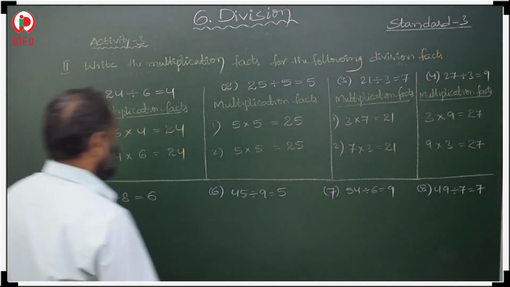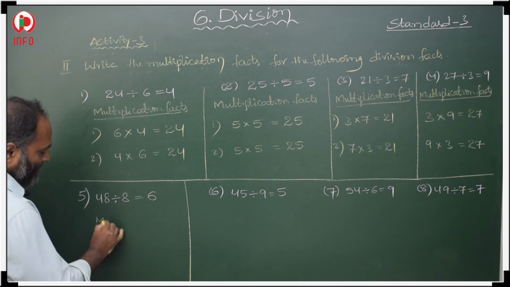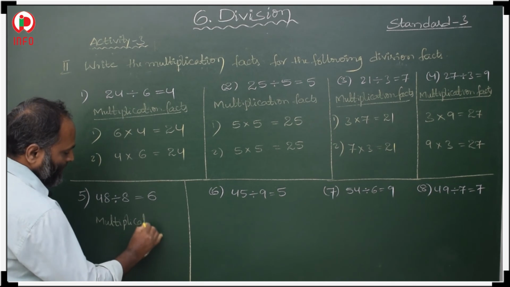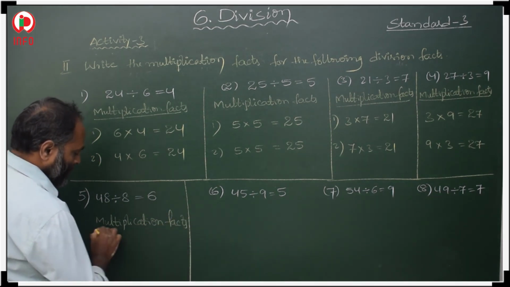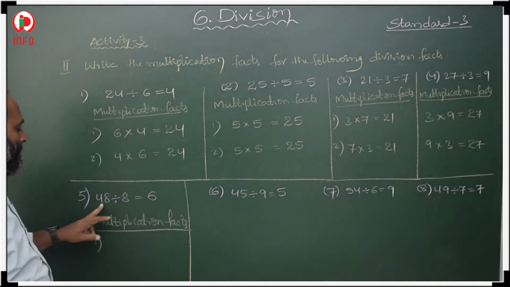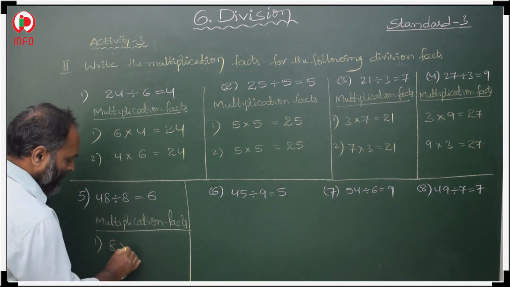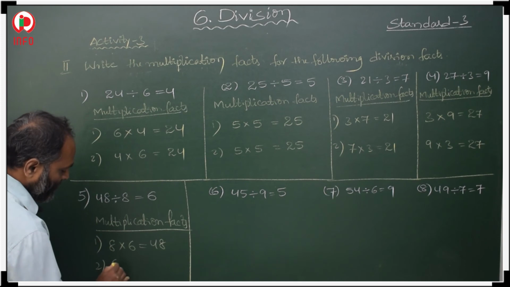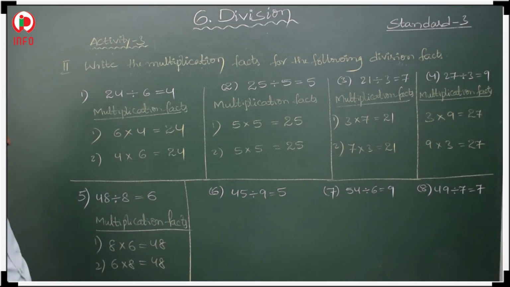Now here also multiplication facts, same similar questions. First one: dividend, divisor, quotient. Divisor into quotient is equal to dividend. Next, quotient into divisor is equal to dividend. 8 into 6 is equal to 48, 6 into 8 is 48.